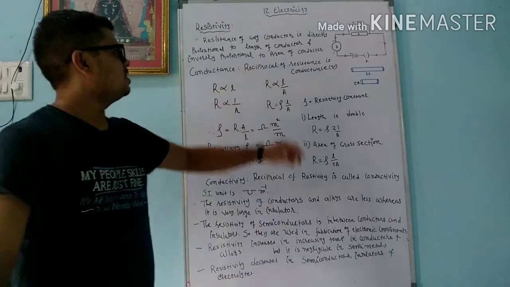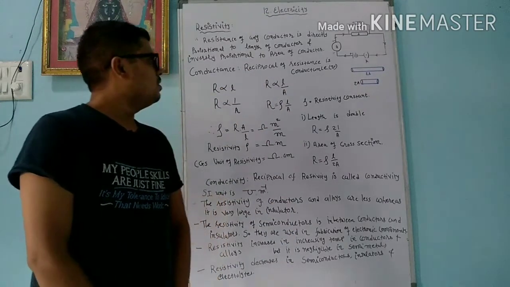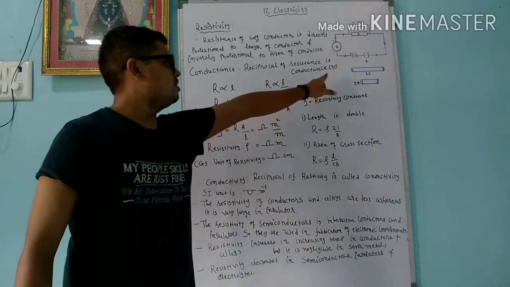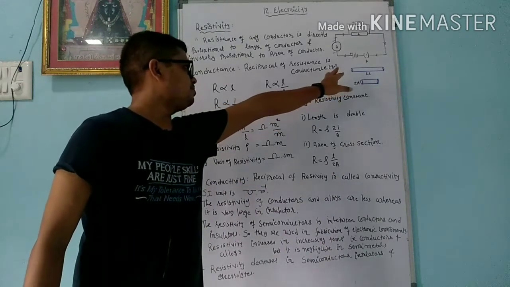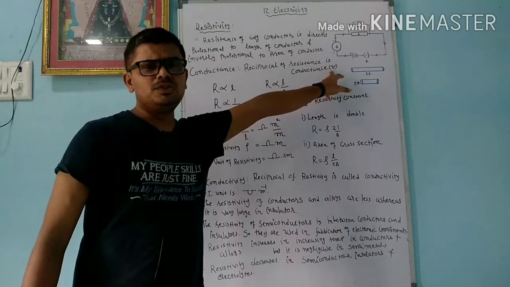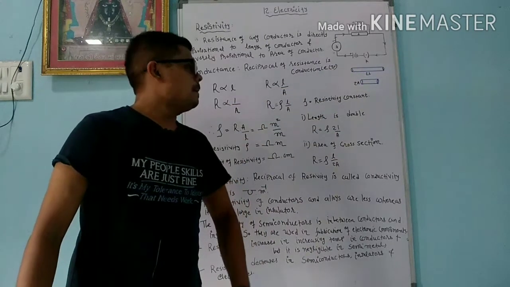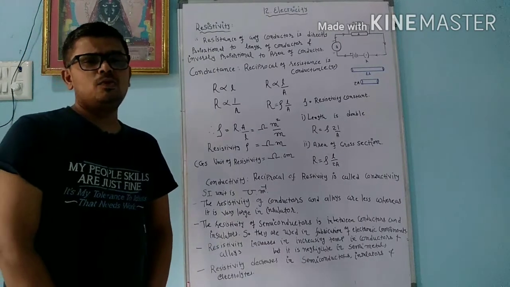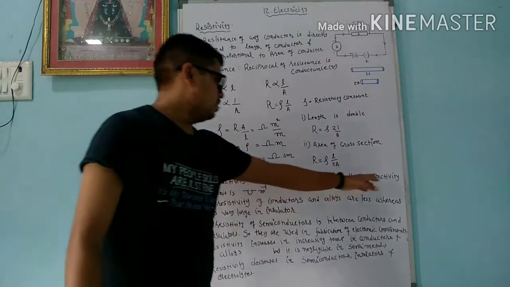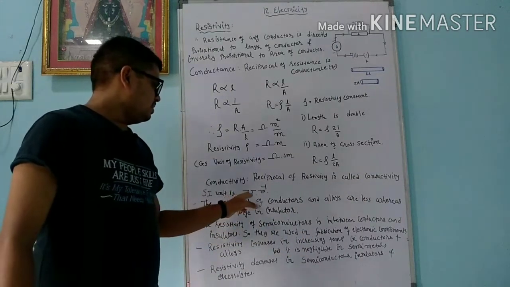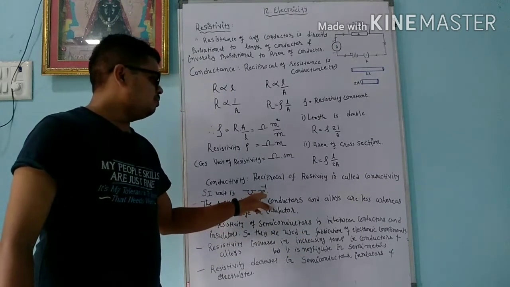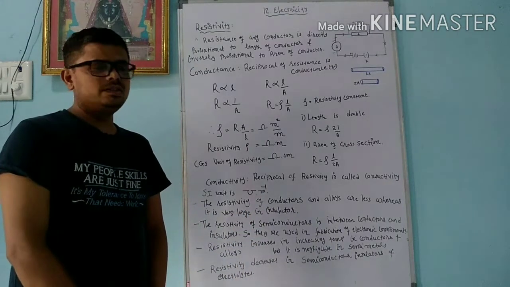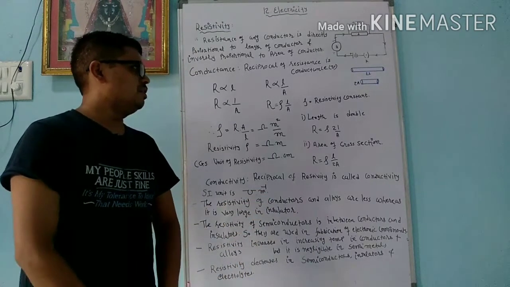In simple words, the reciprocal of resistance is called conductance, and it is represented by mho, the opposite of ohm. The reciprocal of resistivity is called conductivity, and the SI unit is mho into meter inverse. According to the CGS system, it is mho into centimeter inverse.